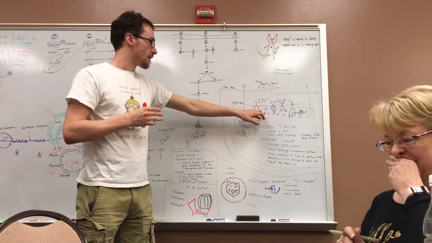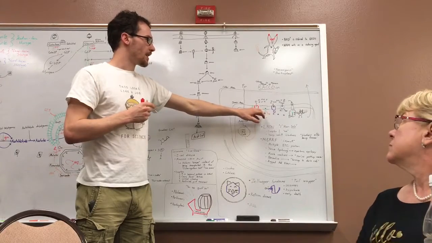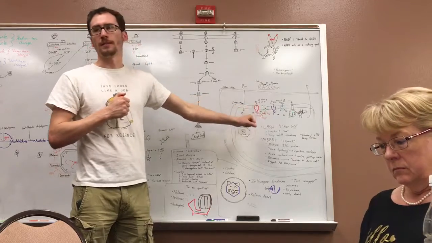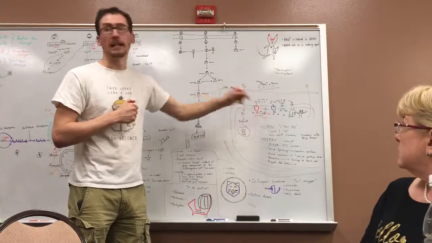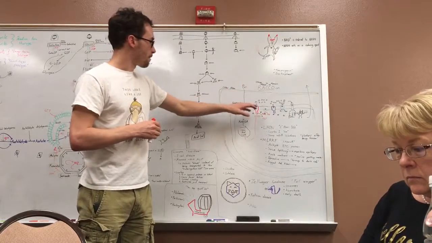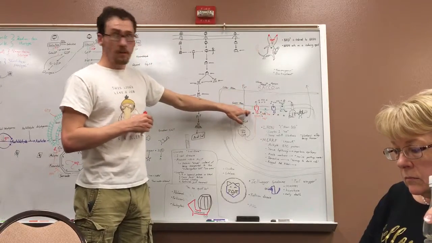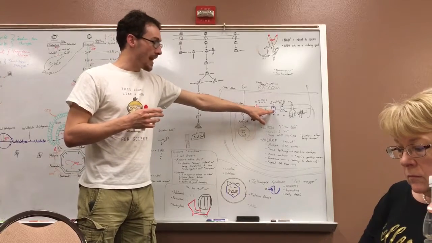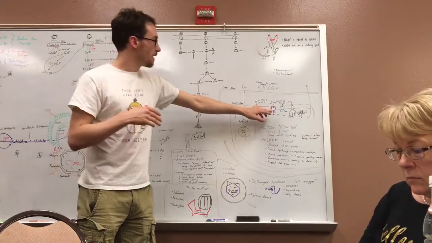Complex 2 is succinate dehydrogenase. It sucks so much that it doesn't even have a poison that works on it. It's also why I drew it tiny here, okay? And it doesn't span that membrane. Anyway, rotenone for rodent 1, and antimycin for N3 mycin, anti-mice.